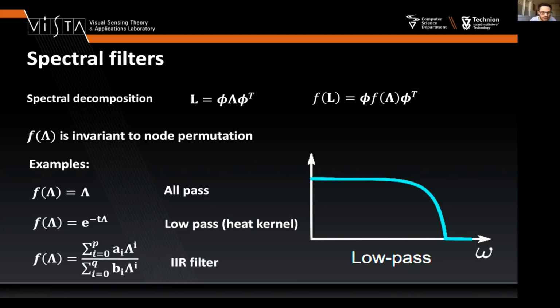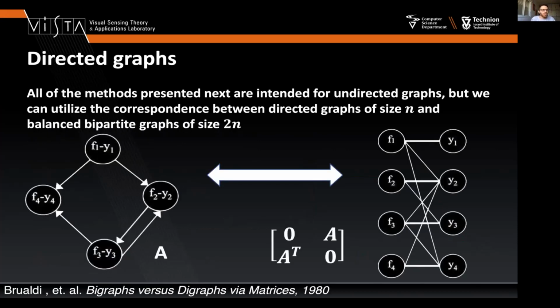The idea is to design these spectral filters such that they help with the specific problem I'm looking to solve, whether it's graph classification or something else. One thing I have to say is that all the methods I'm going to describe next were designed to work with undirected graphs, and in our reverse engineering problem we have directed graphs.